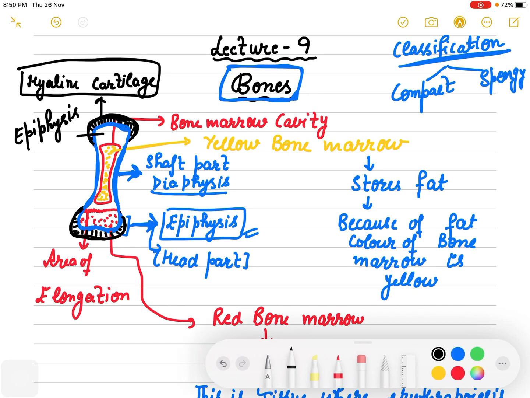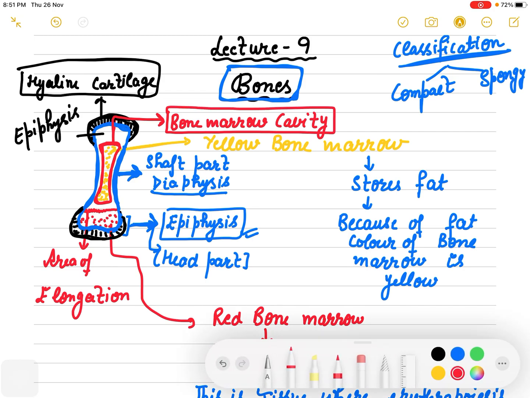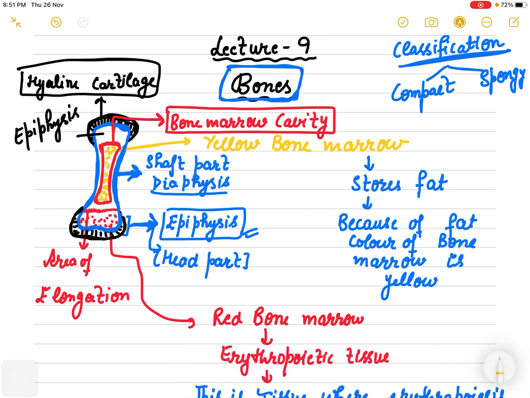Now on the inner side, this hollow portion, there is a cavity. As you can see, this red color I have made, this cavity is known as the bone marrow cavity. What is the name of this cavity? It is the bone marrow cavity. And what do you understand by cavity?